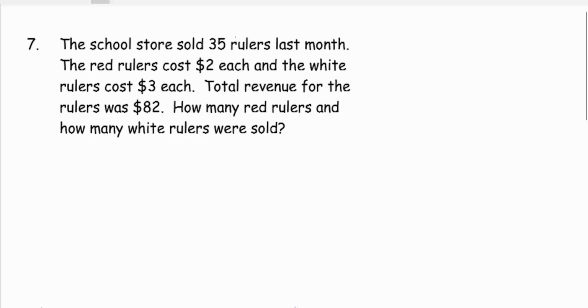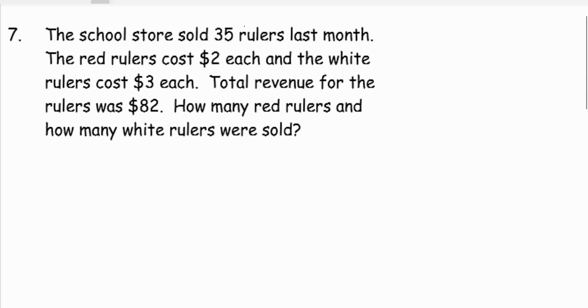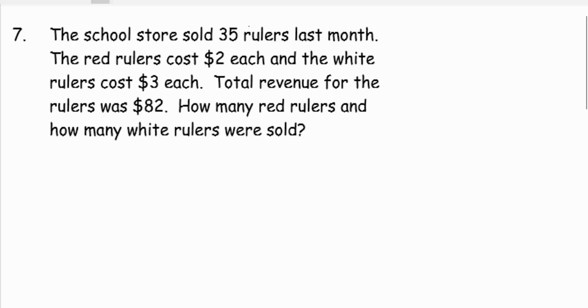So we can solve this by first making some equations. So we've got 35 rulers last month. The red rulers were $2 each, and the white rulers were $3 each.